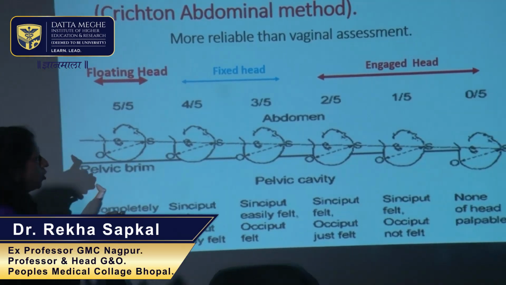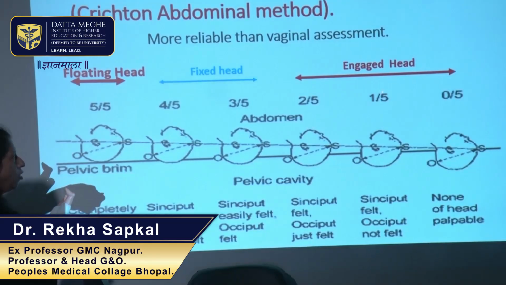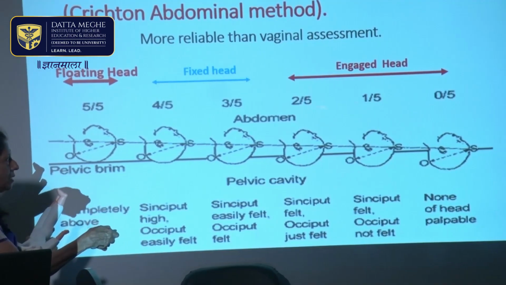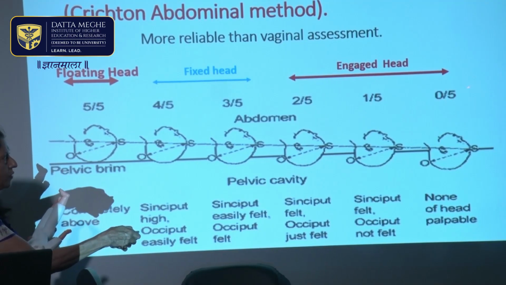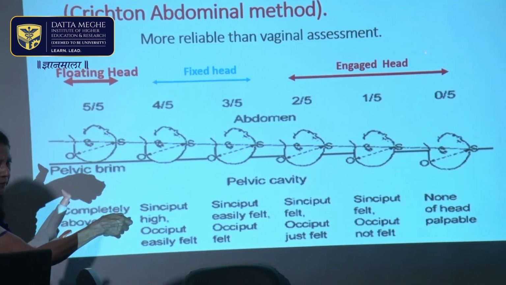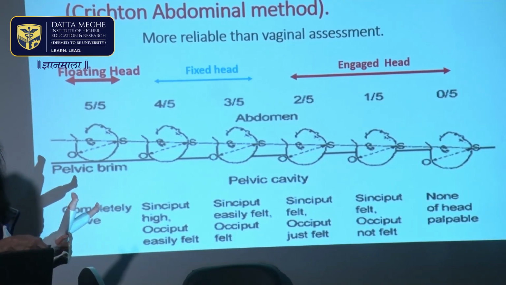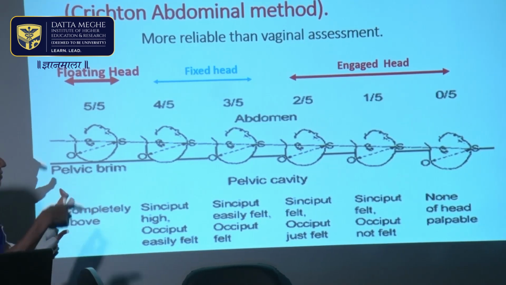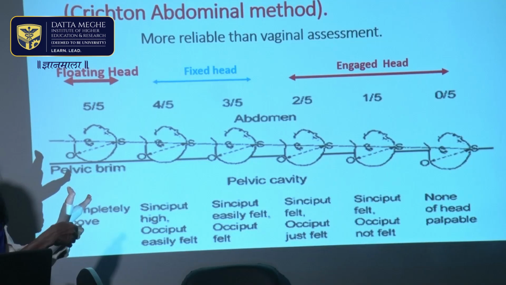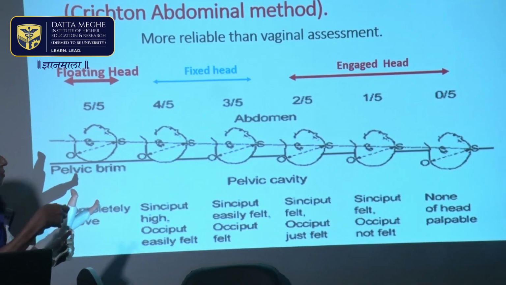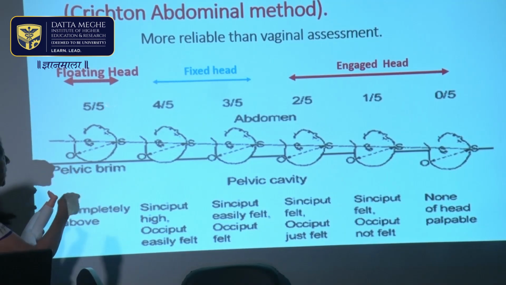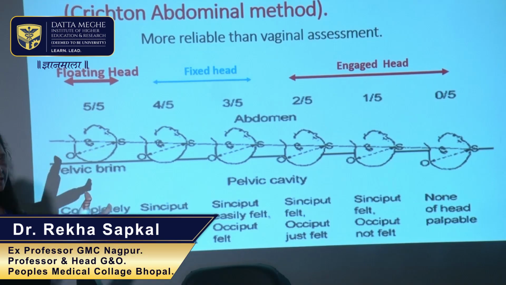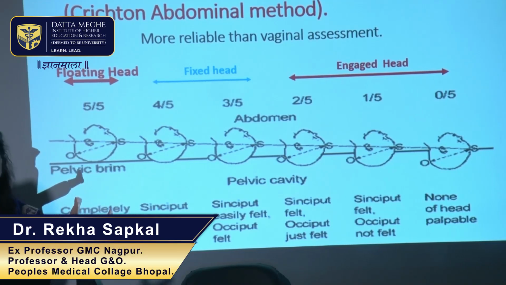Only 2/5 palpable, or little or no portion palpable, that is 2/5, 1/5 or 0/5, is engaged head. Beyond that, the descent of the head occurs with the onset of labor pains. This is at term itself in primigravida. In multigravida, the progression from floating head to fixed head to engaged head occurs with the onset of labor pains. That is the difference between primi and multigravida.